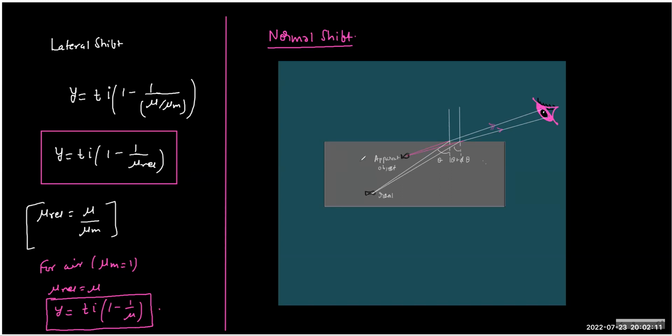The apparent object is also called the image, because the image is always formed after refraction has taken place. If you remember the definition of object and image, light rays which are refracted or reflected, whenever they meet or appear to meet, we call that the image position, and the incident rays define the object position, isn't it?